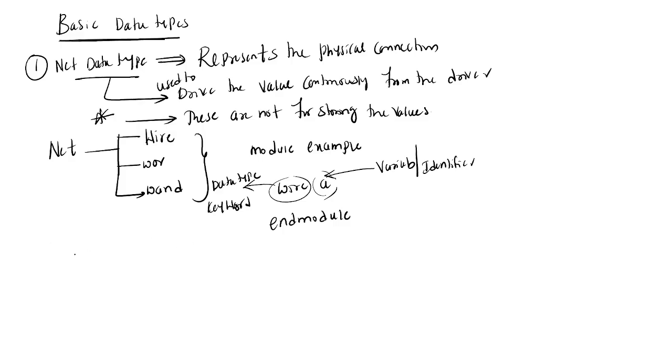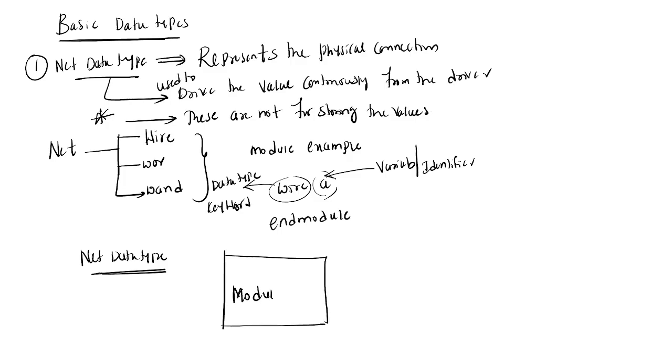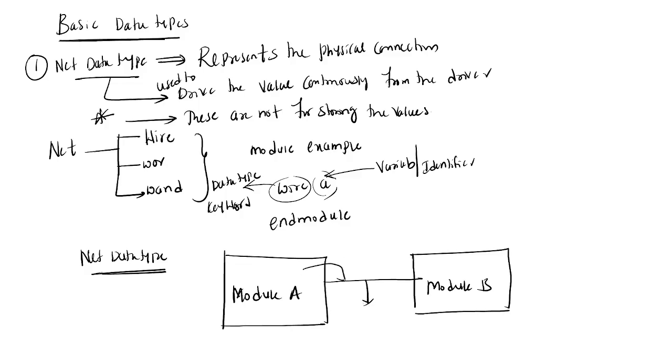Where do you use the net data type? Suppose you have module A and module B. If you want to connect module A to module B, we need to drive some value from module A to module B, and the module will receive it from this line.